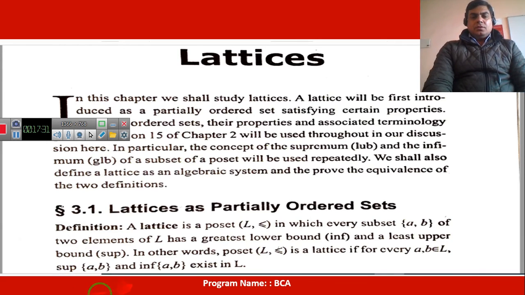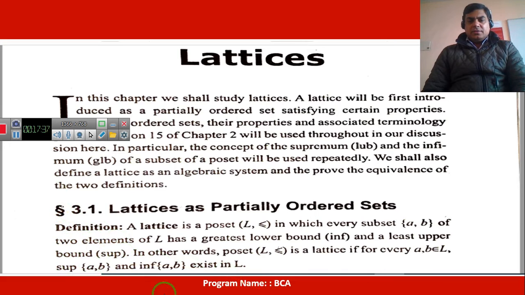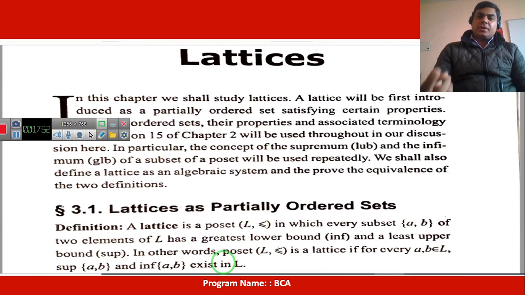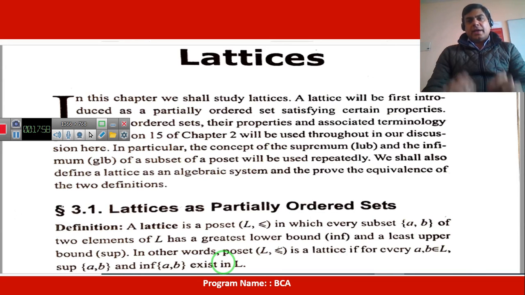In other words, L is a lattice if for every pair of elements in L the supremum and infimum exist in L. Just follow the closure property, as we discussed in groups. If you choose two elements from L, the supremum and infimum of the two elements should also lie in L. So this is called a lattice.